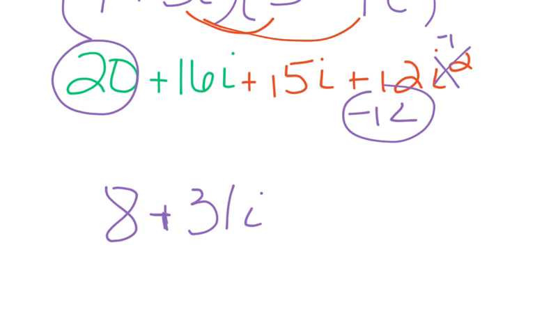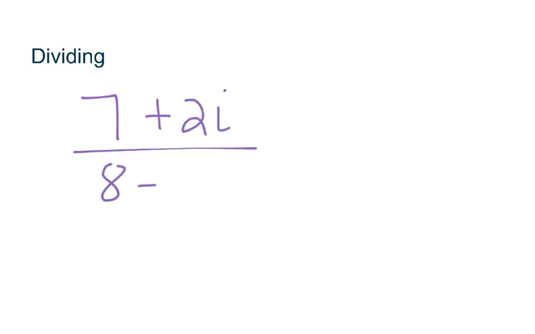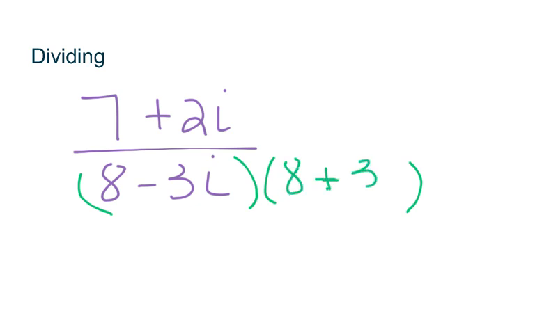Okay, one more. Dividing. 7 plus 2i divided by 8 minus 3i. So here's a division. Now a conjugate, remember, is when you multiply and they're identical except the middle sign. And what's beautiful about this is, of course, the middle terms cancel out. And so whenever you're dividing, you're actually going to end up turning it into a multiplication problem.